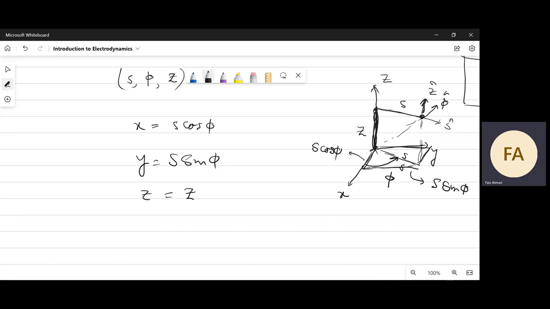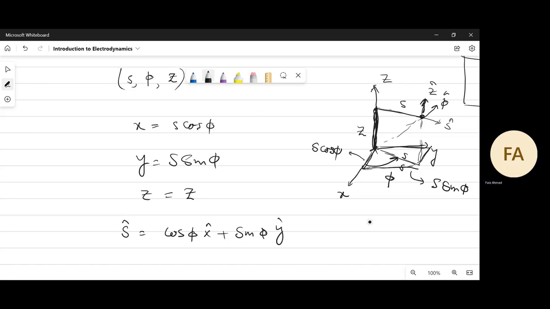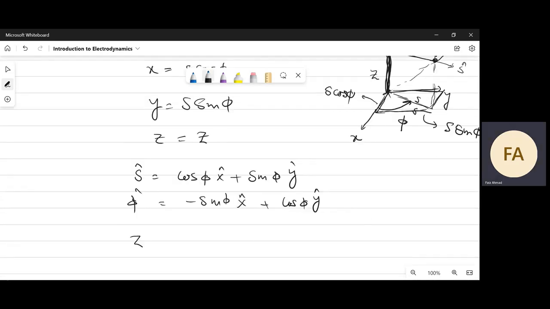We can again express s, phi, and z unit vectors in terms of our Cartesian coordinate system. The phi unit vector will become minus sine phi x plus cosine phi y, and the z unit vector is the same z unit vector.